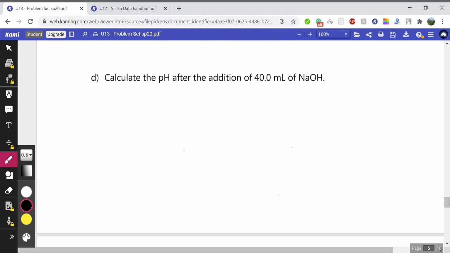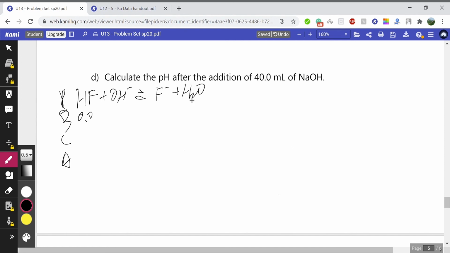Now calculate the pH after adding 40 milliliters. So RICE one more time. HF plus OH minus, forming F minus plus H2O. It'll be 0.01 here, and this time it's 40. So 0.2 molar of OH times 0.04 will be 0.008.